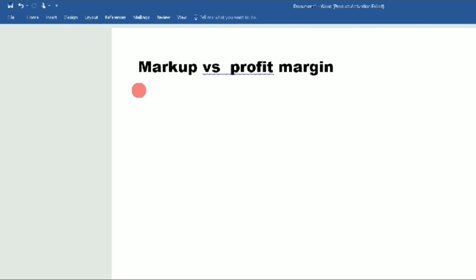I'm going to use two different examples to explain it. Let's say we have two different intending businesses, business A and business B. Business A has a revenue of 800 and a cost of 500.